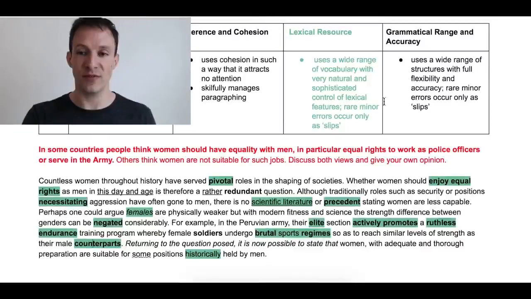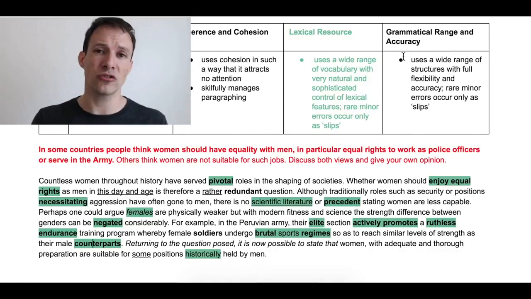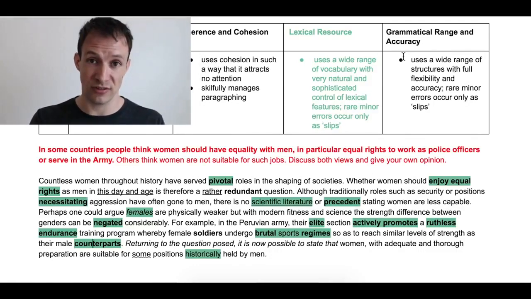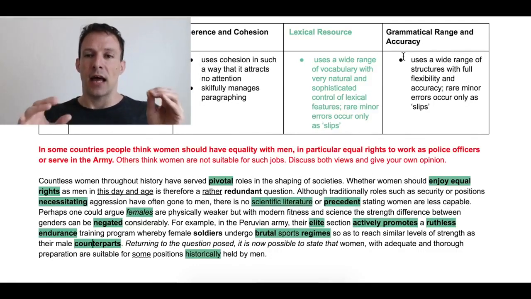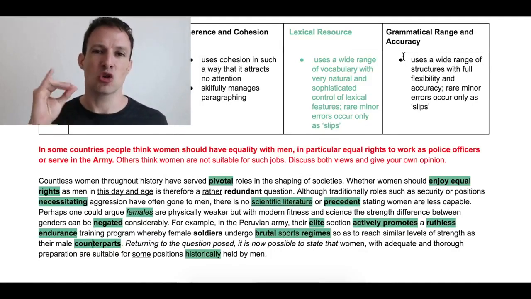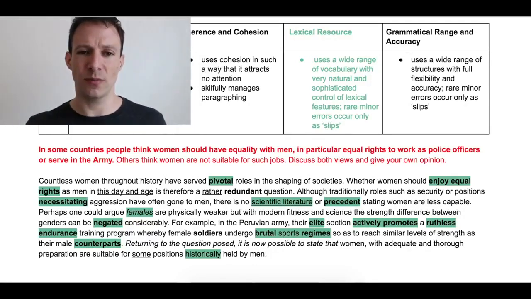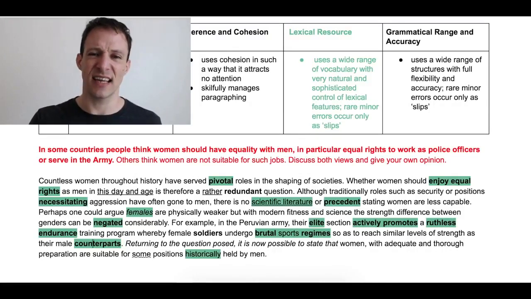Now, moving on finally to grammatical range and accuracy. This is perhaps, in my opinion, the most challenging and also the most important. And I'm saying this is the most important because if your grammar is messed up, there's no way that the examiner is going to be able to understand your essay and determine if you've actually fulfilled the task required.